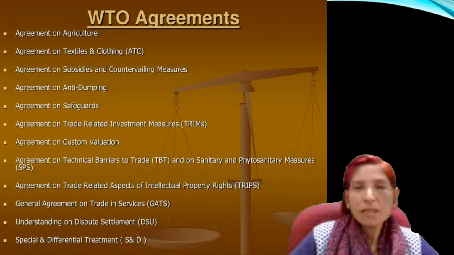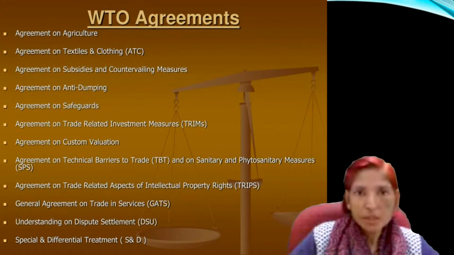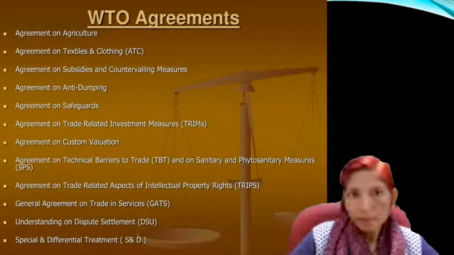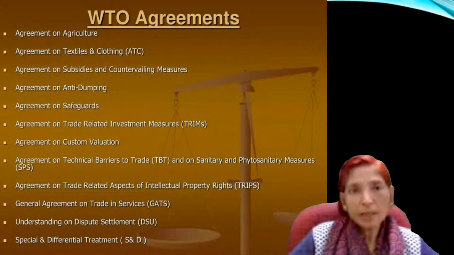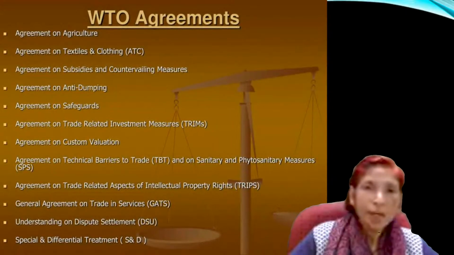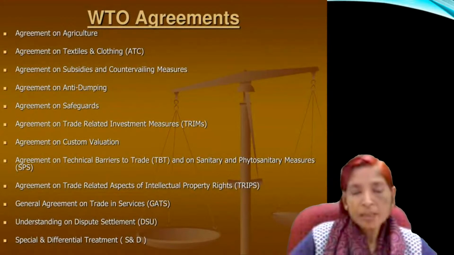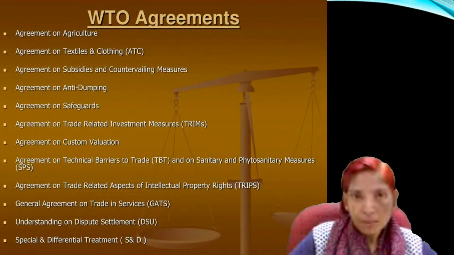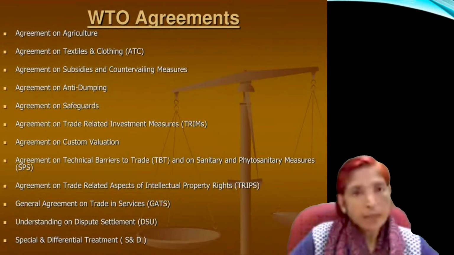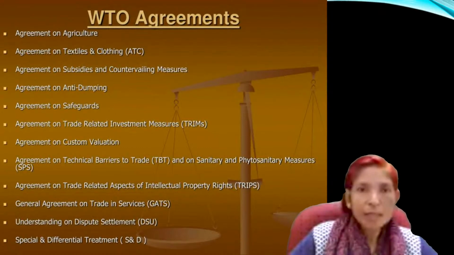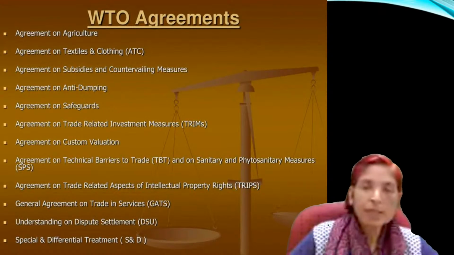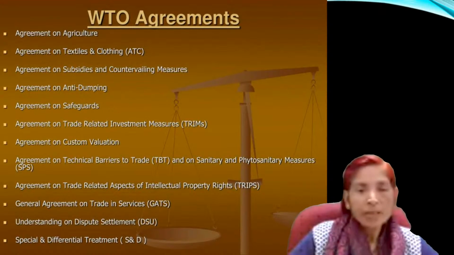Dumping is a system in which one country sells its product in its domestic country at a higher price and at world level it charges a lower price. If countries sell their product in their domestic country at a higher price and in the world market at a lower price, that is called dumping. But this is a very bad situation.